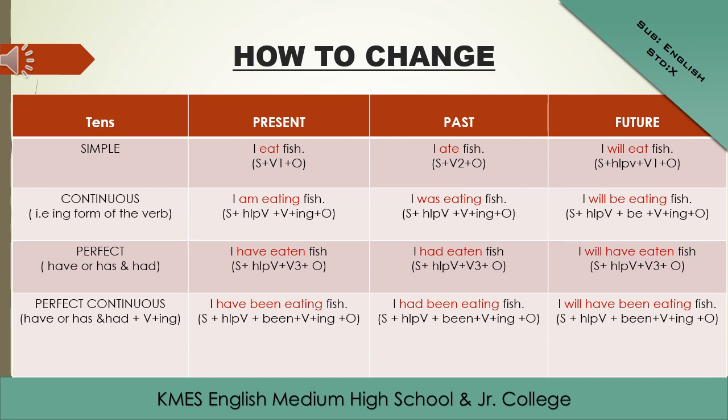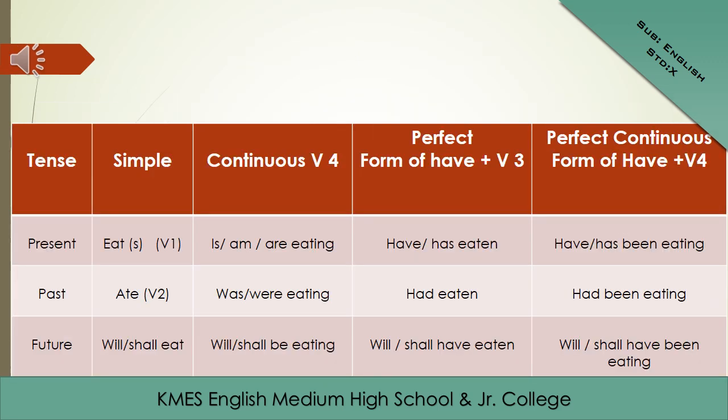You only have to keep in mind which form of verb we use and which form of helping verb we use. So this is the table which will be helpful for you to do the transformation from one tense to another. So we have seen how to change from one tense to another in the table, with the help of the sentence that we have seen.